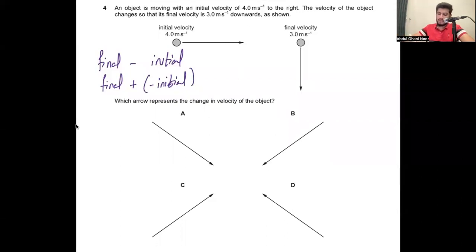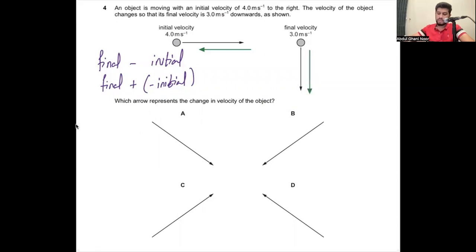So if this is plus initial velocity, if I were to represent minus initial velocity, that would be represented by an arrow in the opposite direction. And this is my final velocity downwards. So I have my final velocity in the downwards direction. I have my negative initial velocity to the left.